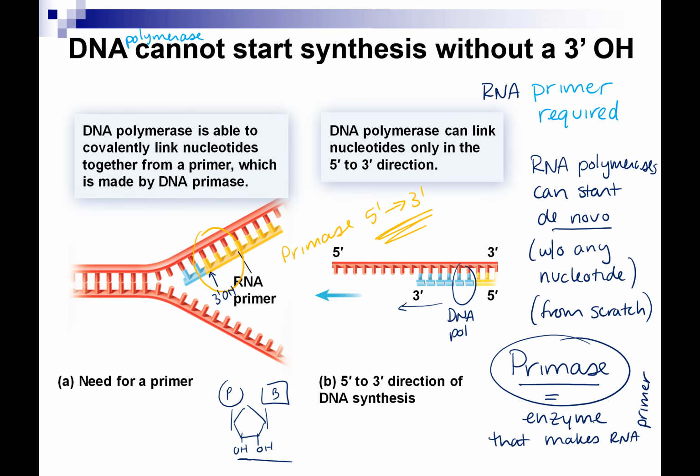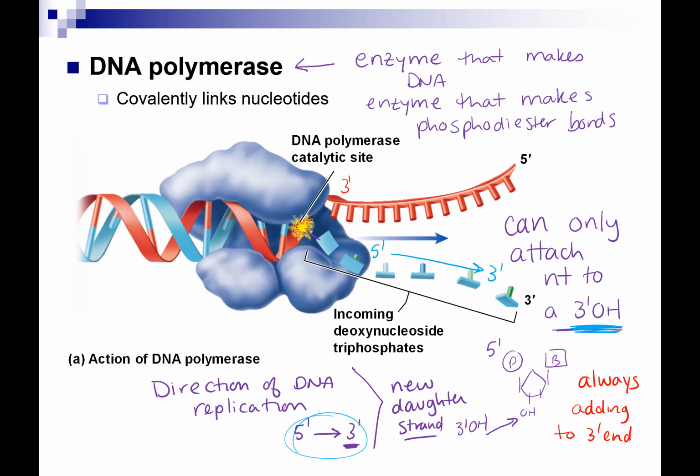I want to back up one slide because I forgot to tell you. The DNA polymerase that makes DNA for the majority of replication is called DNA Pol, short for polymerase, this little thing, which is a delta. Okay, that's the eukaryotic name for the DNA polymerase.